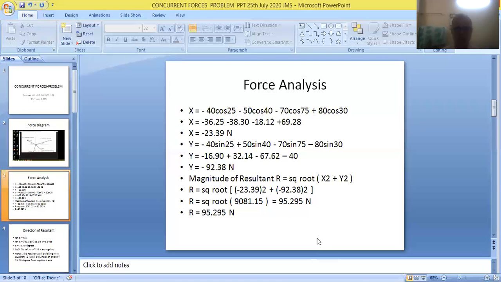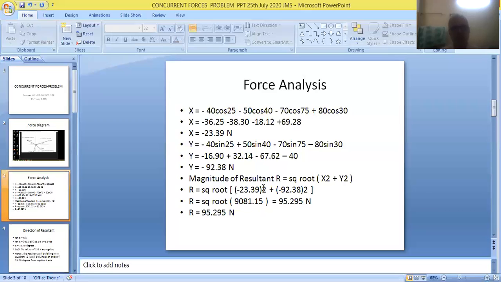So you indicate the values of forces, resolving each and every force into horizontal and vertical components, and showing the directions for horizontal and vertical components, allocating plus and minus symbols for them, and finding out the sum of all the horizontal components, sigma x, and the sum of all the vertical components, sigma y, and ultimately using this formula.